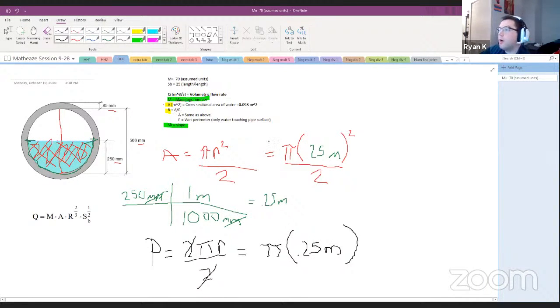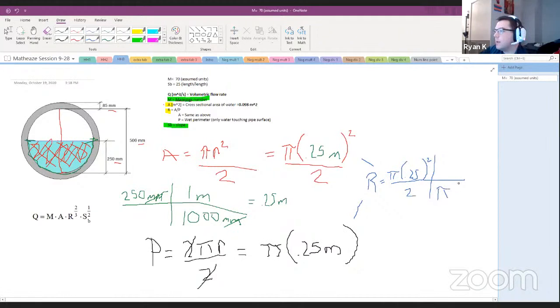So now we can solve for R, and I've left these alone because when we solve for them, we can have some stuff cancel out. Using both of these, R is equal to A, which is pi times 0.25 squared over 2, and then our P is pi times 0.25.